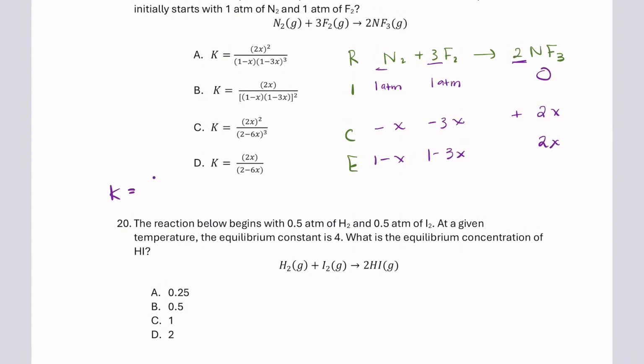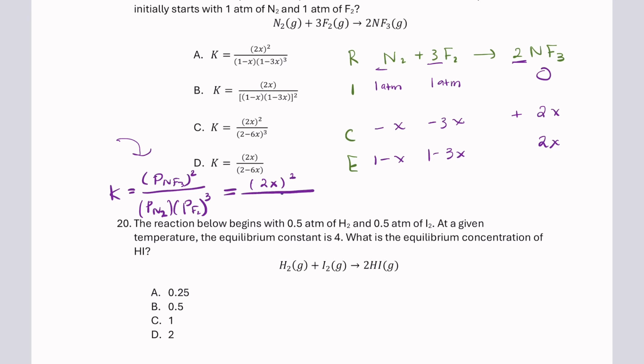Now I'm going to write the equilibrium constant in terms of partial pressures using what we defined in that equilibrium line. For gases, Kp equals the product partial pressures raised to their coefficients divided by the reactant partial pressures raised to theirs. So it's going to be the pressure of the product squared on top divided by the pressure of nitrogen gas to the first power times the pressure of fluorine gas cubed on the bottom.